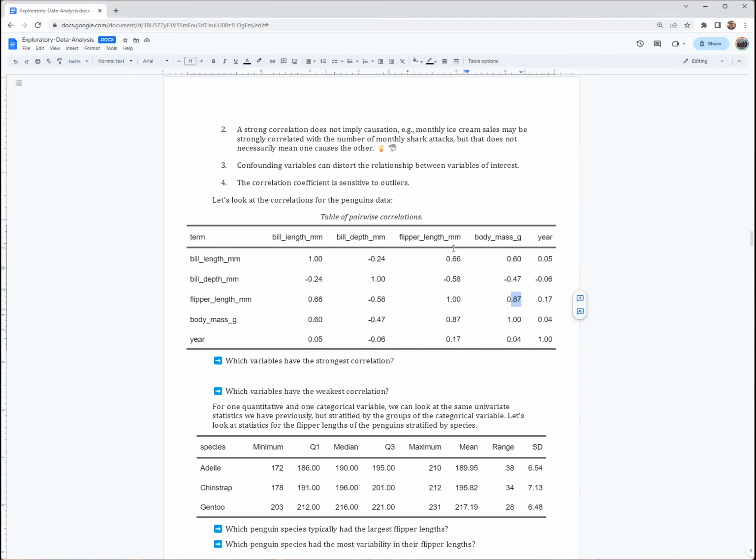So body mass and flipper length are equal to 0.87.